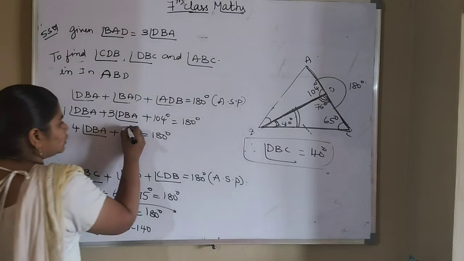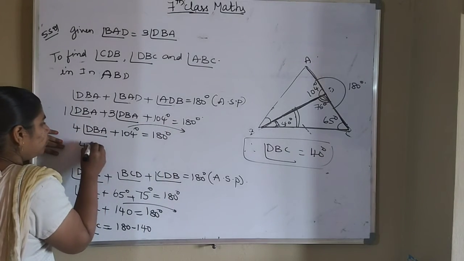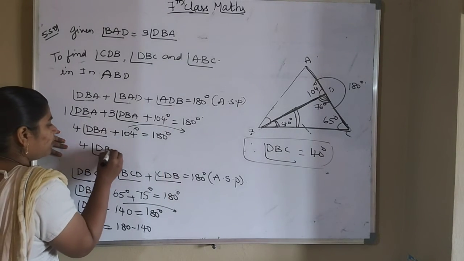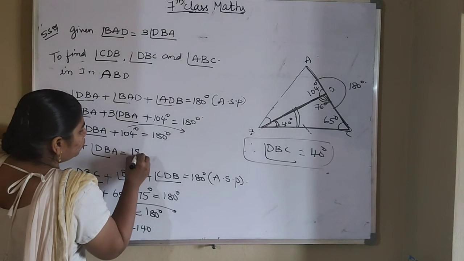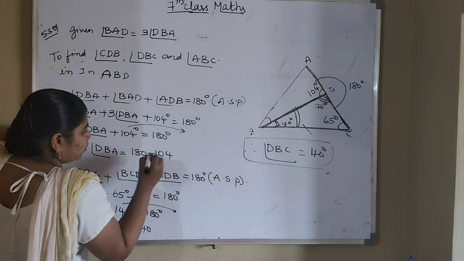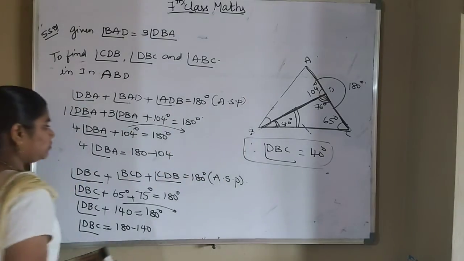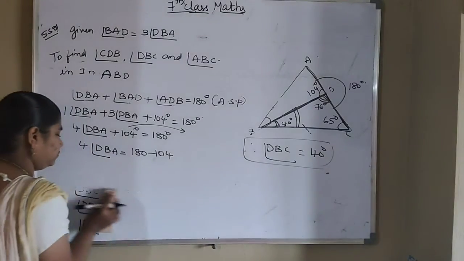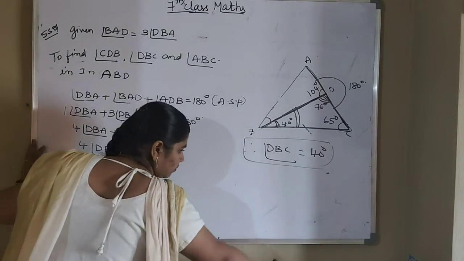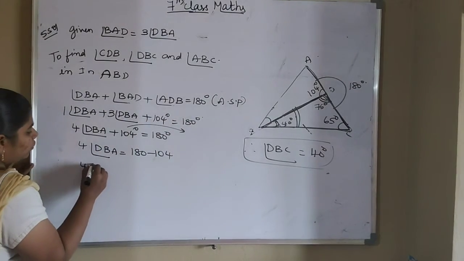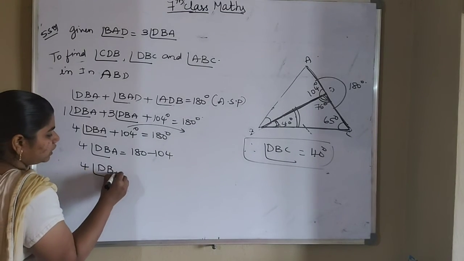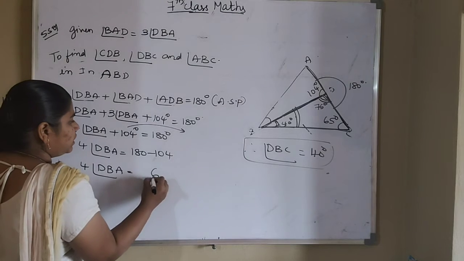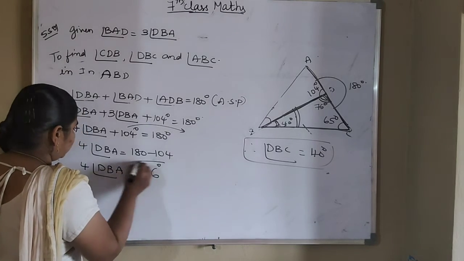Okay, now you transpose this 104 to the other side. 4 angle DBA is equal to 180 minus 104. So 4 angle DBA is how much? 76.